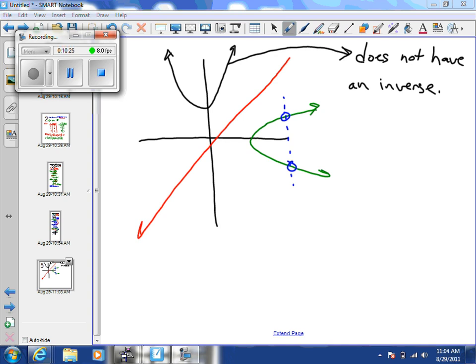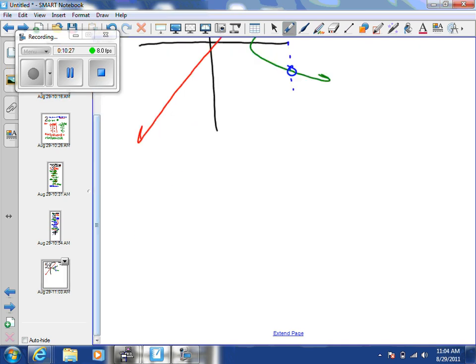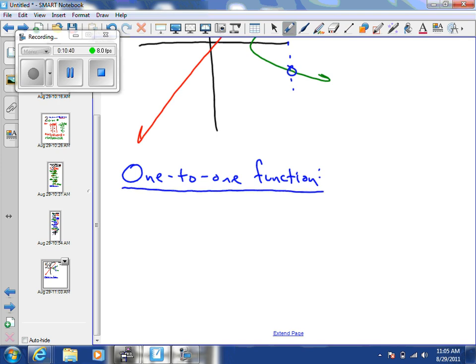So how we address that problem, or how the mathematicians addressed it, is they introduced the concept of a function being one-to-one. So right here we will define what a one-to-one function is.